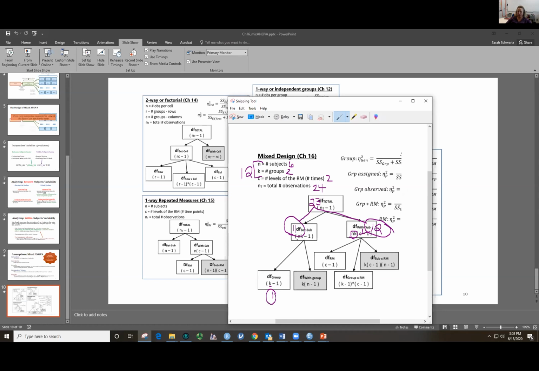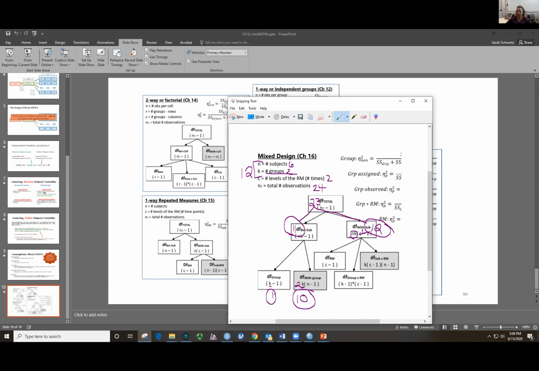Now we've got a branch, right? So even before I do the formula in here, how many degrees of freedom have to be in this gray box? If we have 1 here, how many have to be here? 10, because we have to have it add up. So let's see, what's K? K is 2 groups, and then times n minus 1.